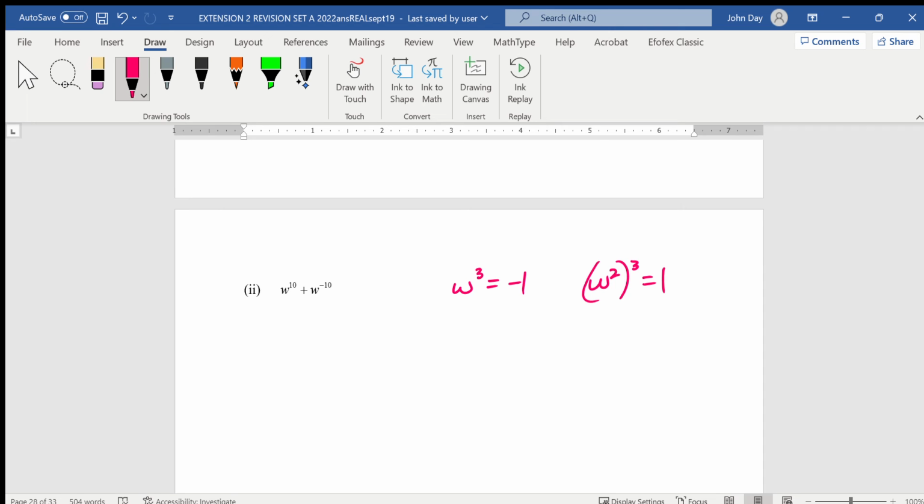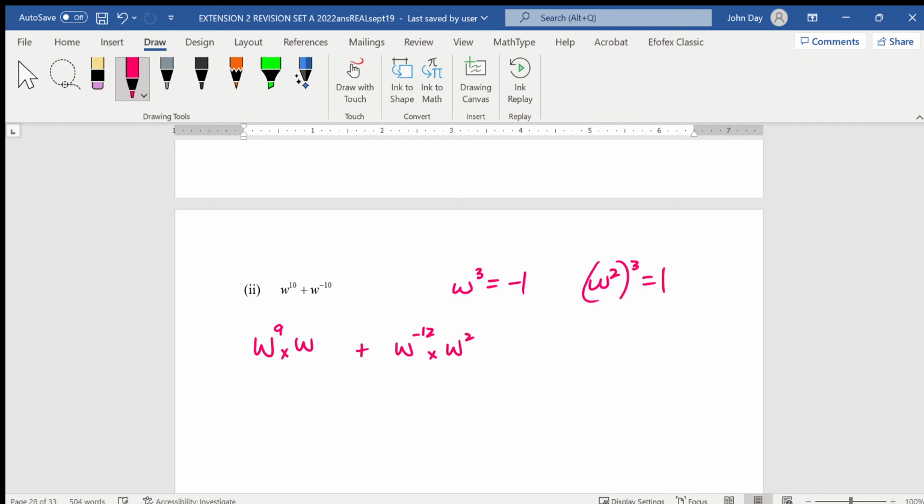So all we need to do is express w to the 10 and w to the minus 10 in terms of powers we know about, like w cubed or w squared or plain w, and we're okay. Well, w to the power of 10 is w to the 9 times w, and w to the minus 10 is, you can go to the minus 12 if you want, and then times that by w squared.